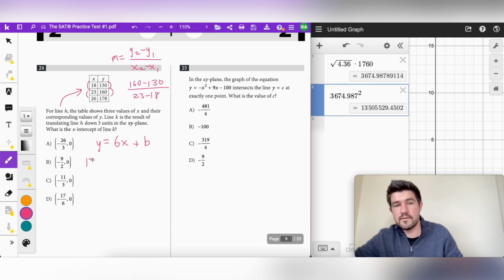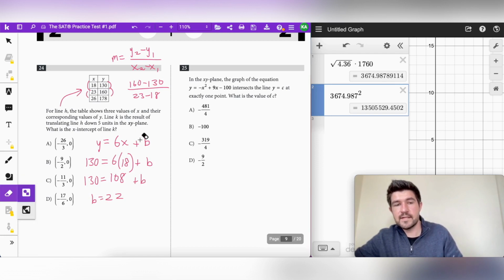So 130 is y, and that should equal 6 times 18 plus something, which we're calling b. And now we can solve this for b. 6 times 18 is, I think, 108. And 130 equals 108 plus b. And if we solve for b, b is going to equal 22. Okay, so the y-intercept of this line is 22.